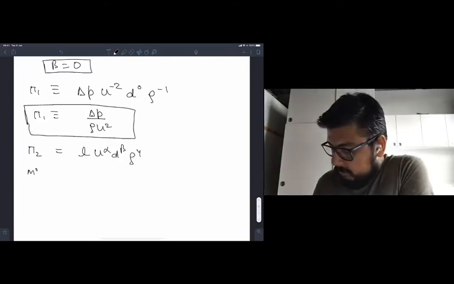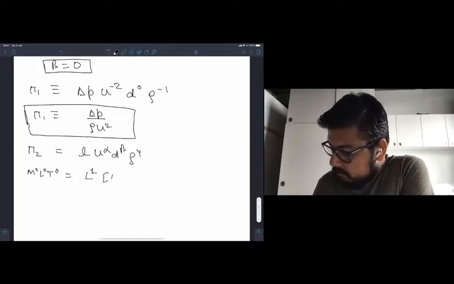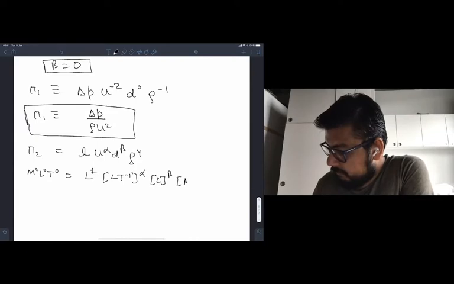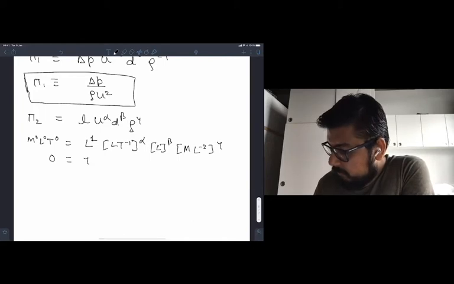So again, M0 L0 T0 equals L, L per unit time to the power alpha, L^beta, and mass per unit length cubed to the power gamma. So if we equate mass, then we get 0 equal to gamma. So gamma is 0.